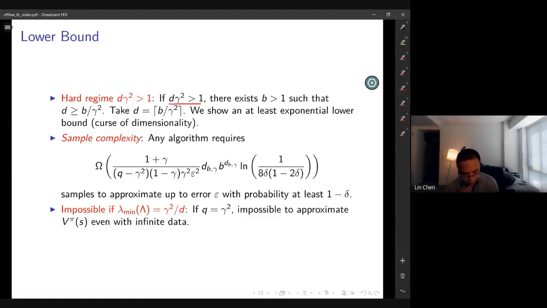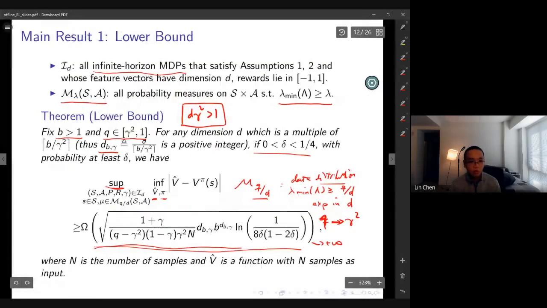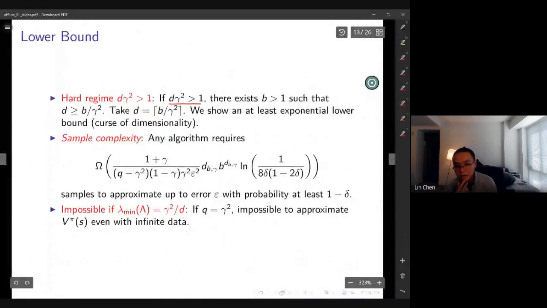So I introduced B here basically because there are some rounding issues in constructing a hard instance that I will explain later. So basically, if there's no rounding issue, we only need D gamma squared greater than 1, actually. So this is the hard regime that this result identified. Does that answer your question then?